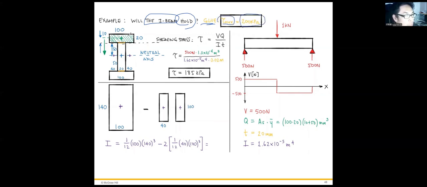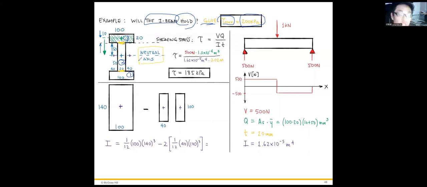That means you have three components, 1, 2, and 3, and each of them is stuck together with glue here. We know its neutral axis, and we know the dimensions.